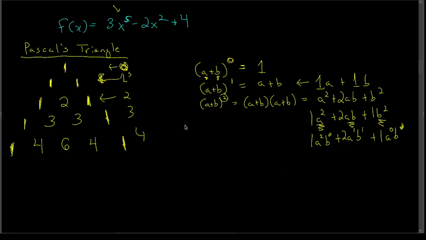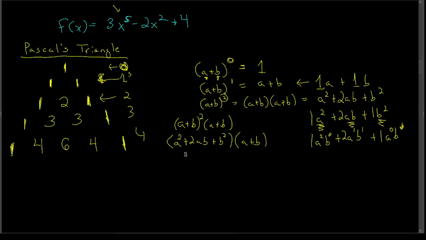So that means a cubed, if I were to expand it out, is a plus b squared times a plus b. We already worked out a plus b squared, so I'm going to write that down here, and I'm going to multiply that by a plus b.